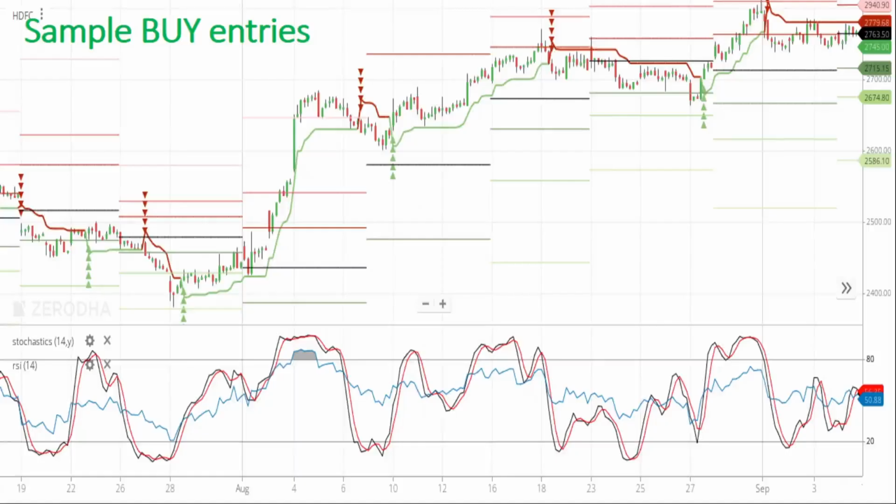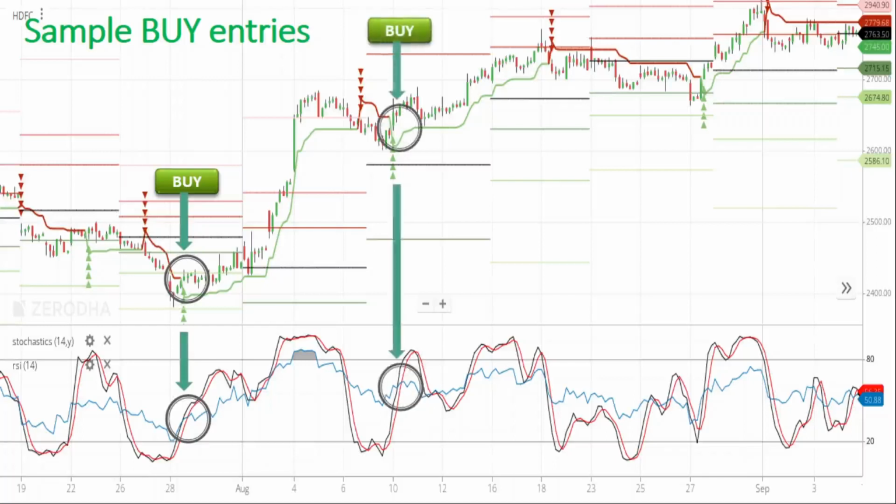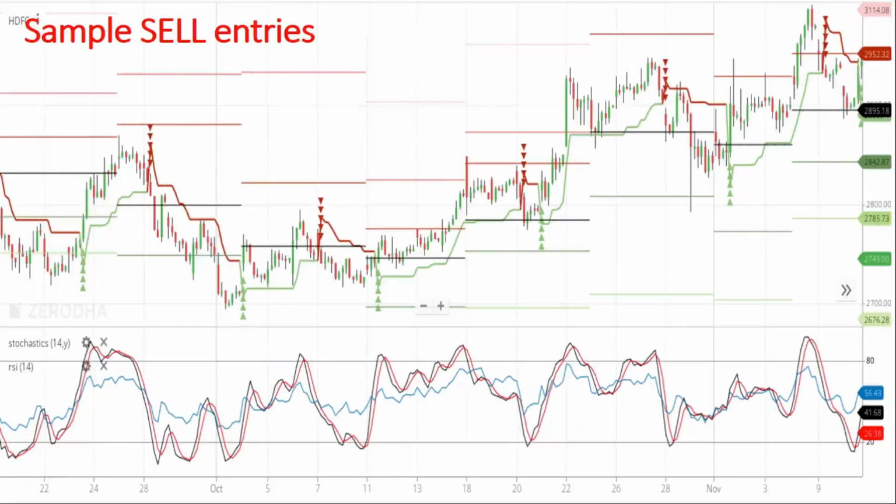Here we can see some more examples of buy signals. Also here we can see some more examples of sell signals.